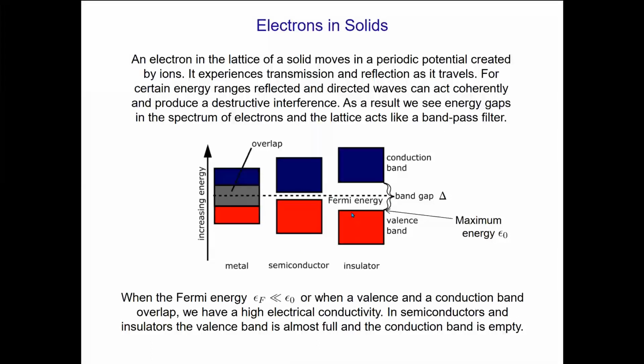The band of allowed energies below the Fermi energy is called a valence band, where fermions basically cannot move because they are just frozen below the Fermi surface.